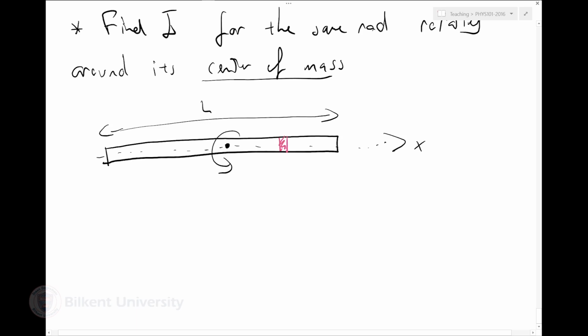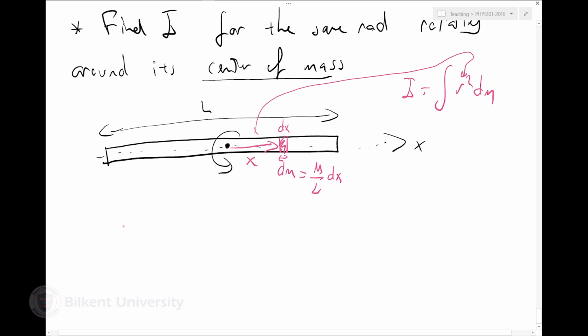So this is going to be dm if this distance is dx. dm again is going to be m over L times dx. The formula for I was r squared dm, and r will be, again, x.